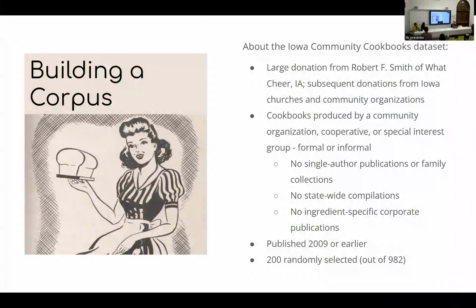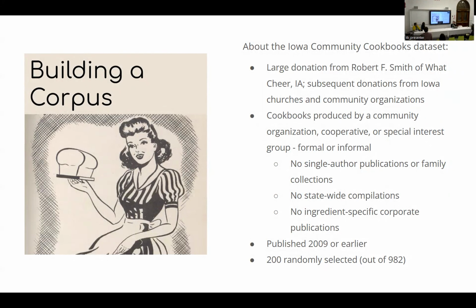But I'm focused mostly on just the community organizations. So cookbooks produced by churches, cooperatives, special interest groups, either formal or informal. I'm not looking at single author publications. I'm not looking at family collections, and nothing statewide. So I'm really trying to focus on these well-defined communities, and then no ingredient specific corporate publications.